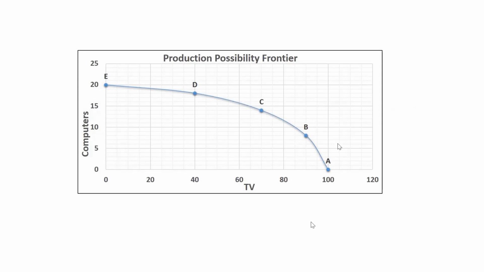Now, what factors can cause this rightward and outward shift? Remember, we said that technology was given, so any improvement in technology will shift the PPF outward. We said resources are fixed. Any discovery of resources will shift out the PPF.